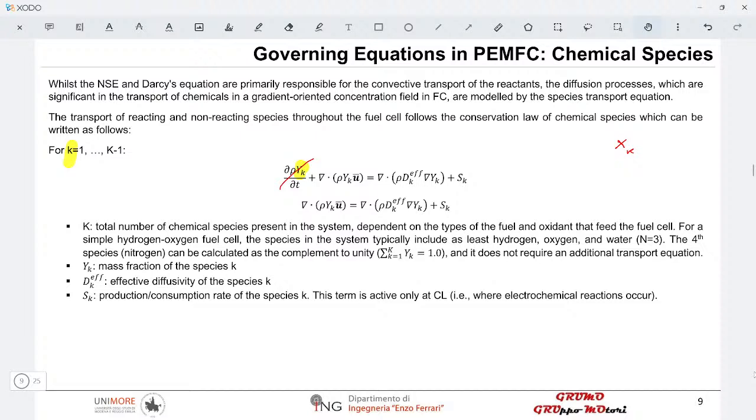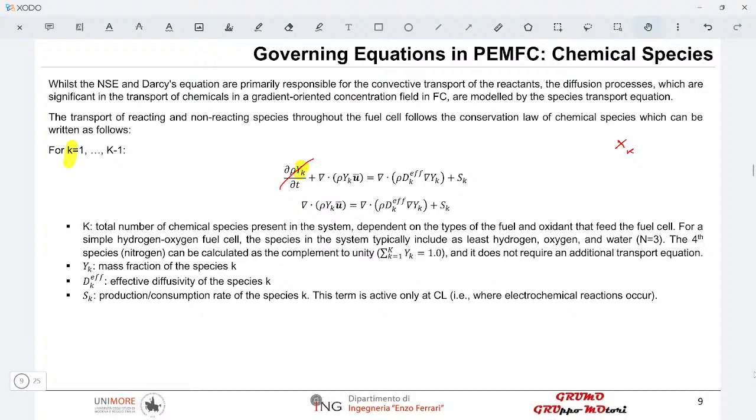Now here, how many species do we have in our fuel cell? For sure, we have hydrogen, 1, oxygen, 2, water. Water is a product, so it makes 3. And if we use the oxygen from the atmospheric air, we will also have nitrogen, 4.